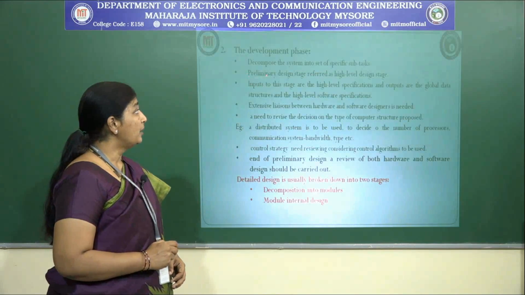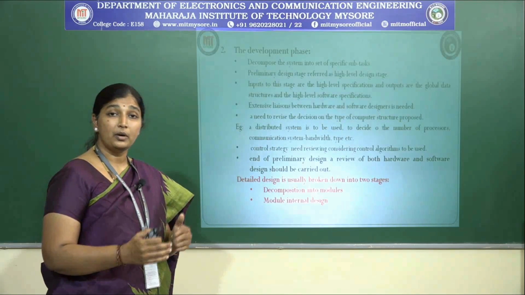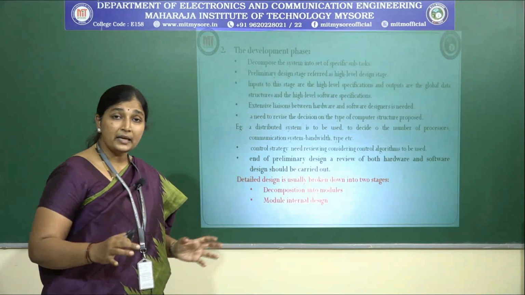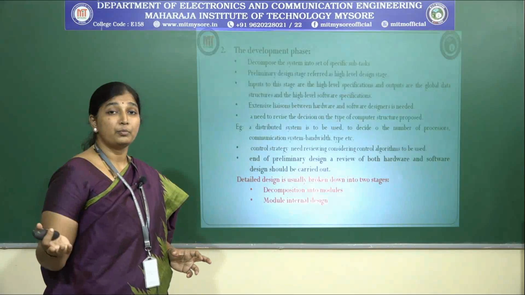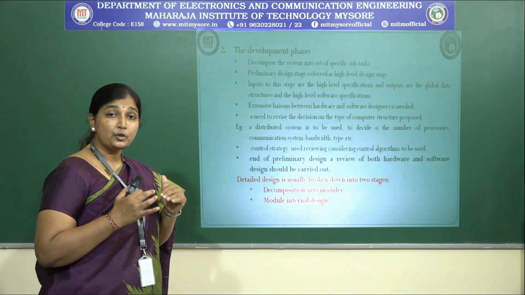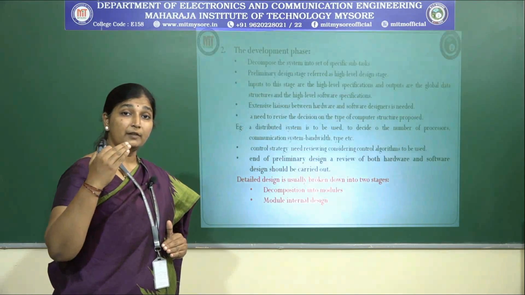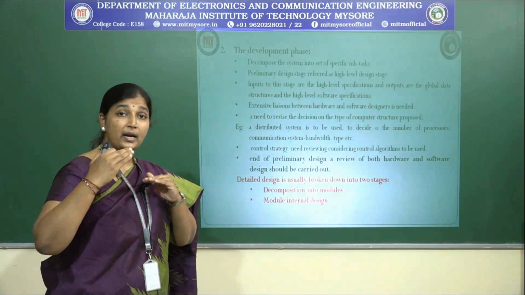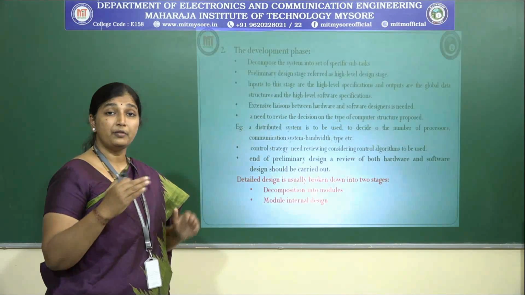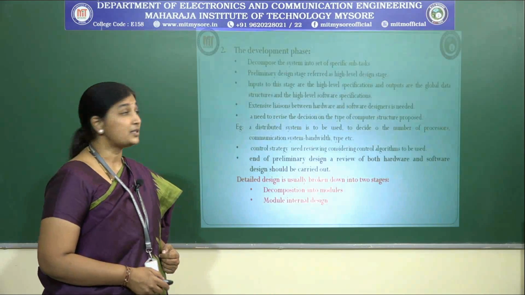Whatever preliminary design you're going to do, it is actually high level, because you can't think about low level designing and expect a higher output, right? Whatever you're going to plan, it has to be in such a way that you set the bar high, so that even if you're not able to reach there, at least you can have a mid level of design strategy for any of the computer based or real time systems.